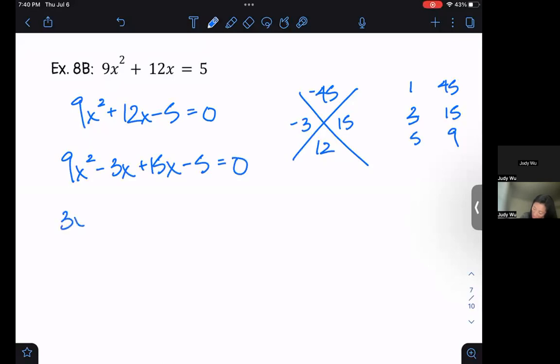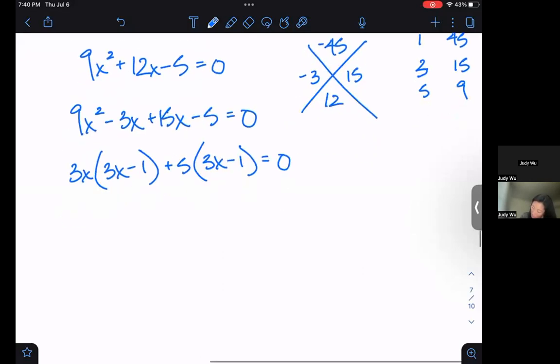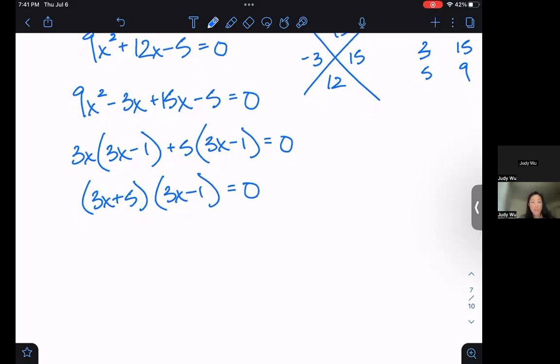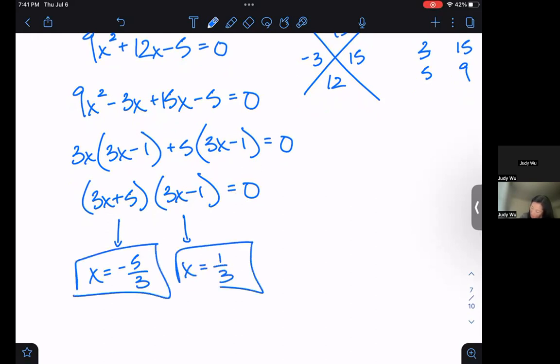I can factor out a 3x minus 1 plus 5, 3x minus 1. So 3x plus 5 times 3x minus 1 equals 0, and by the zero product property, I can get x equals negative 5/3 and x equals 1/3.